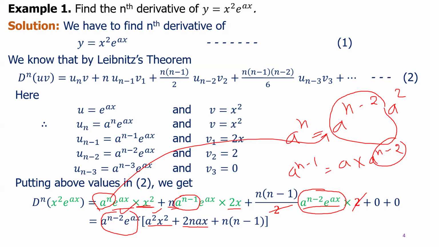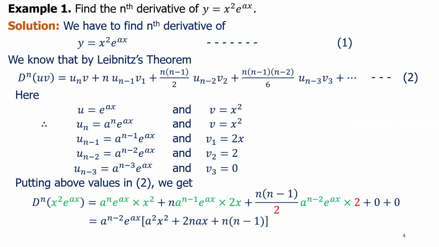So a is remaining over here. So 2nax plus, here we have taken this outside, these two are cancelled. So what is remaining over here is n into n minus 1. This is the remaining term. So this is the nth derivative of the given function y is equal to x square into e to the power ax.